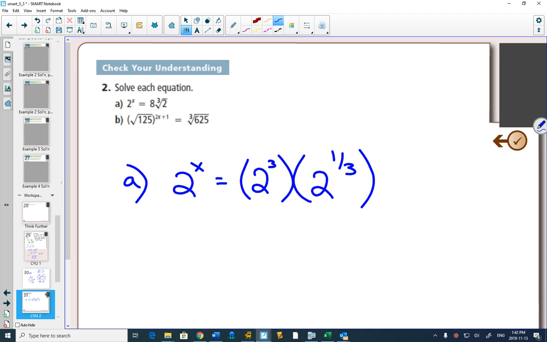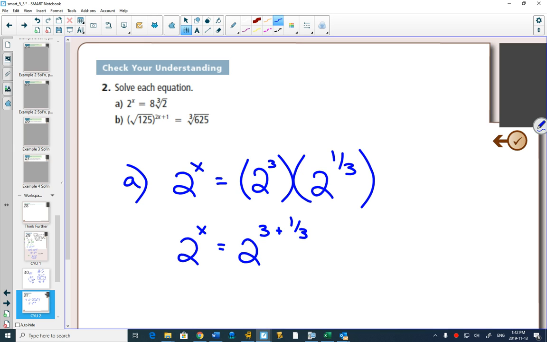What is your exponent law for multiplying powers with the same base? You add the exponents. So on this side, I'll have 3 plus 1/3.